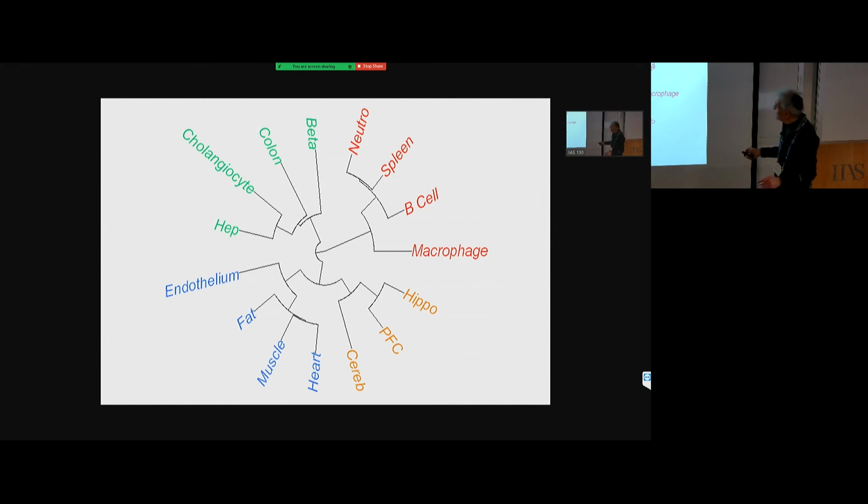But you can see that when we did this, all of the endoderm clustered together. All of the mesoderm clustered together. All of the ectoderm clustered together. And then there's a separate cluster for hematopoietic cells. And that's known from development.